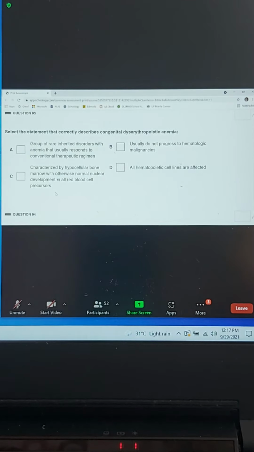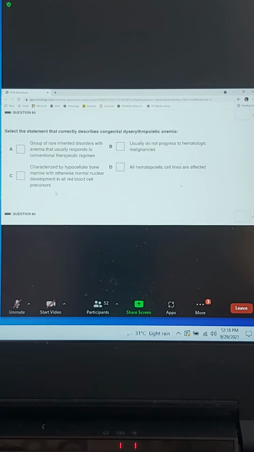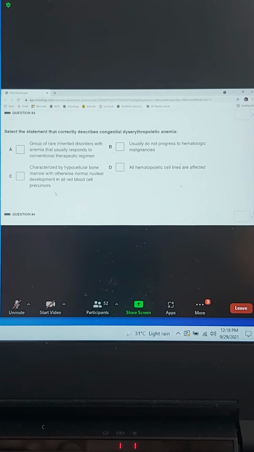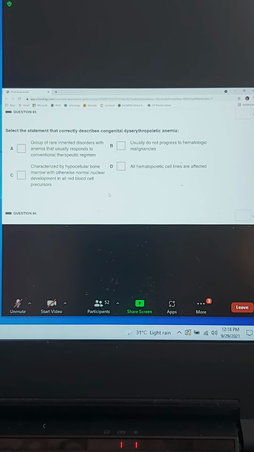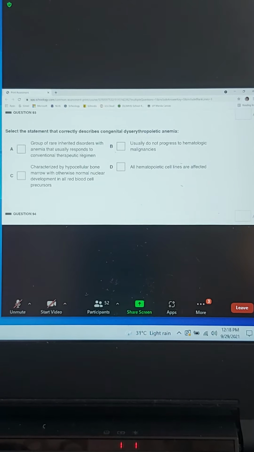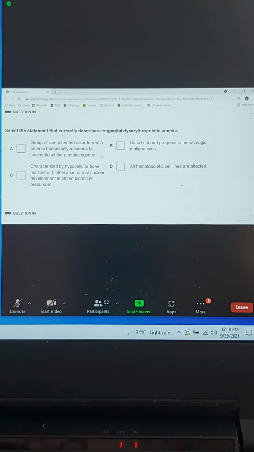Select the statement that correctly describes CDA. Is letter A correct? Does it correctly describe CDA? A group of rare inherited disorders with anemia that usually responds to conventional therapeutic regimen.